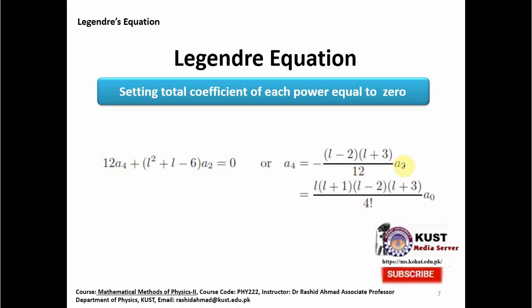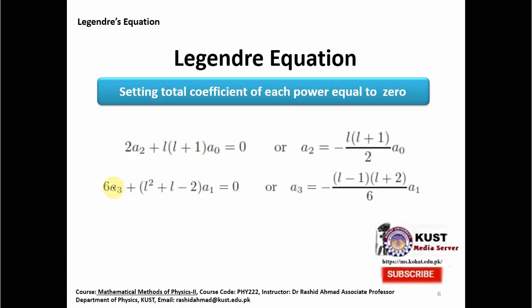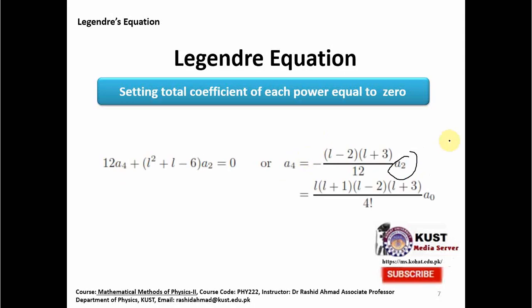But here you see that in the definition of a4 we have a2, but we already have the value of a2. So what we can do now is to put this value of a2 over here, and we get our final coefficient a4 in terms of a0.